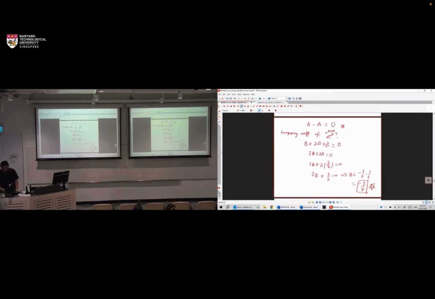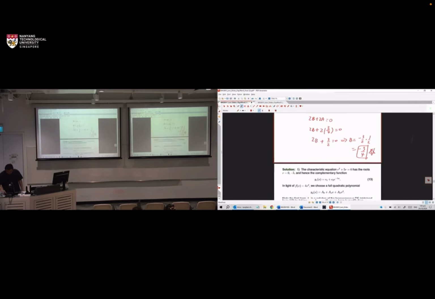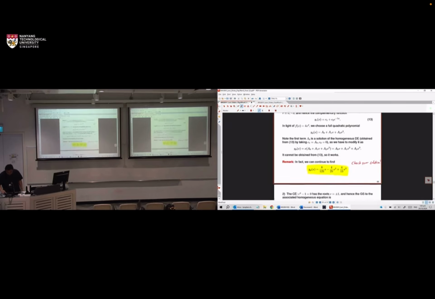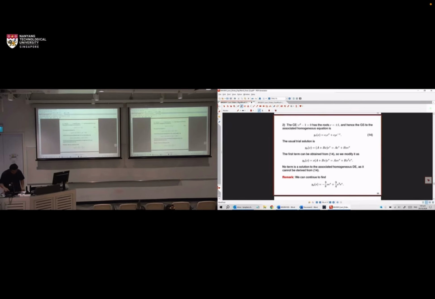So after you have determined the A and B, you can sub the A and B back into the y particular solution. And this brings me to a small typo.